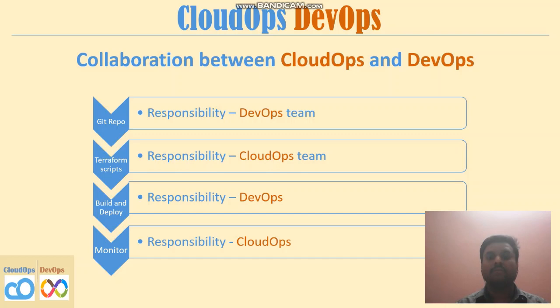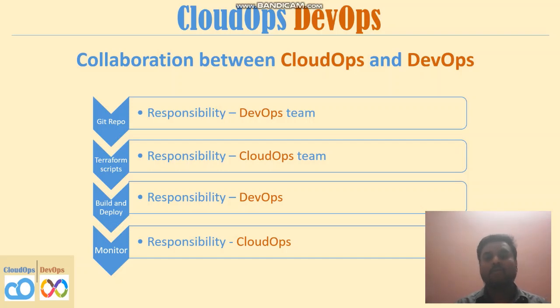So the CloudOps team will create a Terraform script where they will include all the services that are requested by the developer team, the RBACs, the Azure policies, all sorts of VNets, VNet integration, subnet integration, all sorts of private endpoints. Everything they will write in detail in the Terraform script.